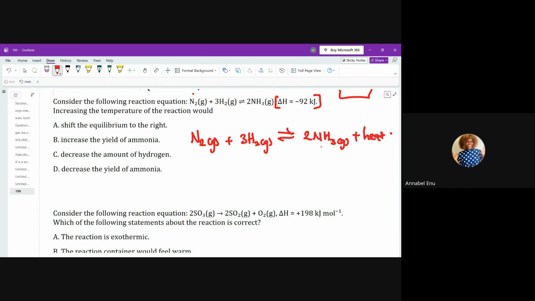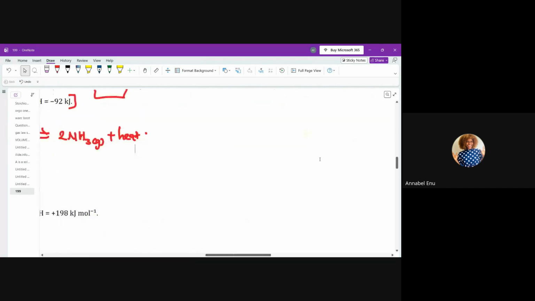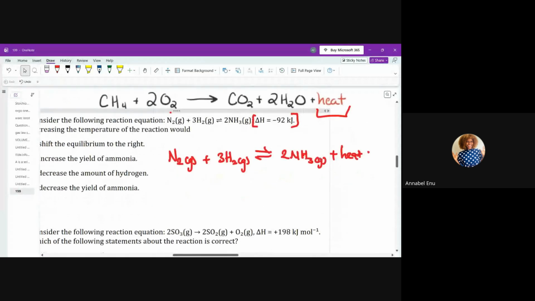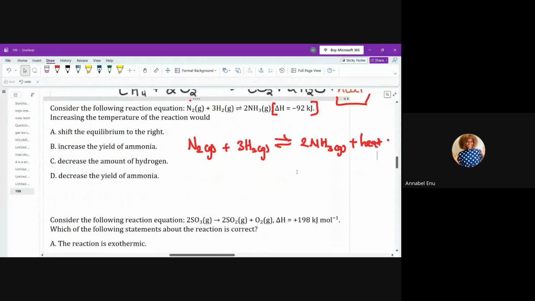Remember we said that if we increase the temperature, equilibrium will shift away from the side where heat is.